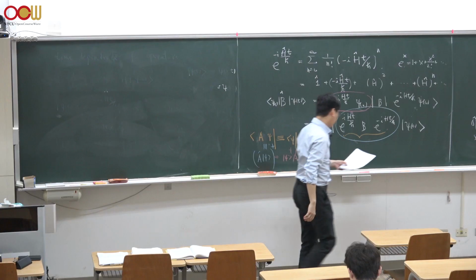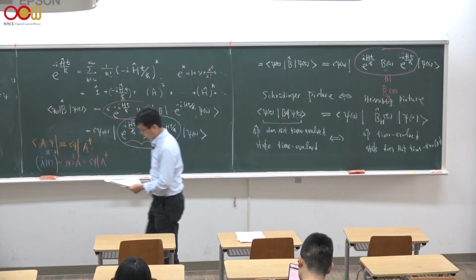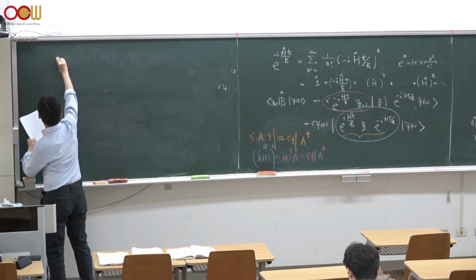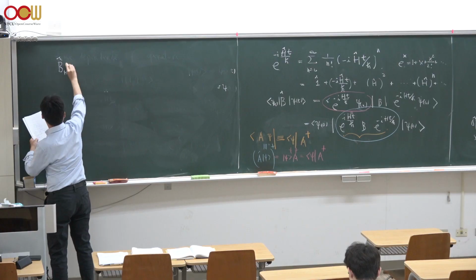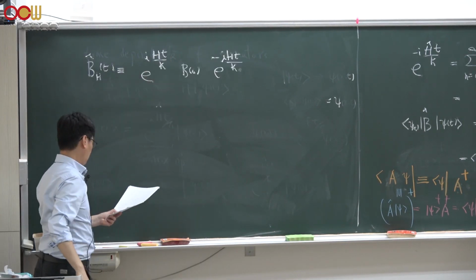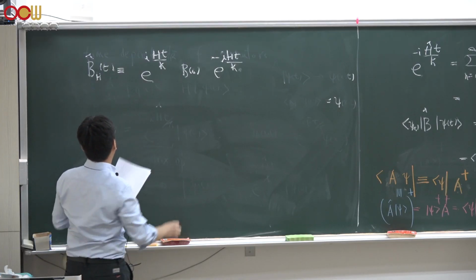And we ask this question: what is the equation of motion for that operator? Suppose this operator is in the Heisenberg picture. So suppose B as a Heisenberg operator is defined by this. Okay, so let's just take the time derivative of this B operator.